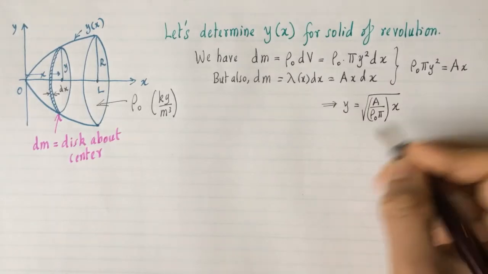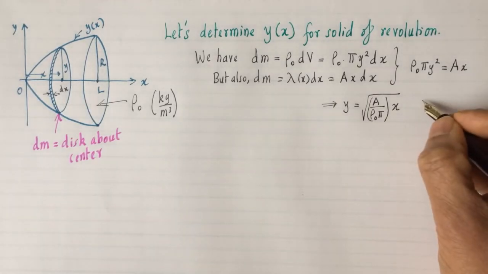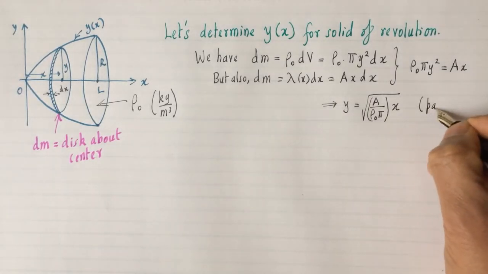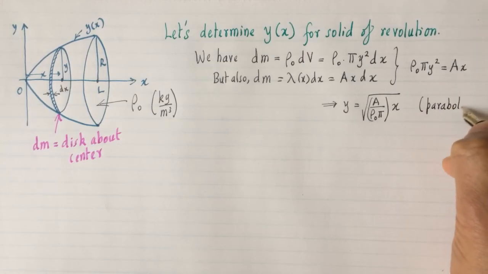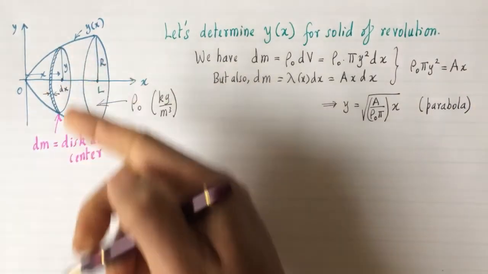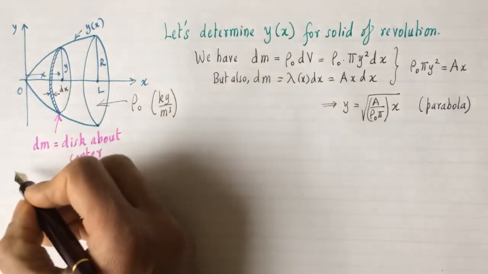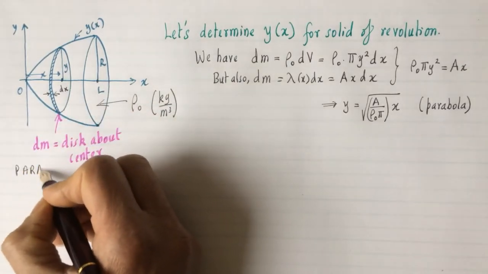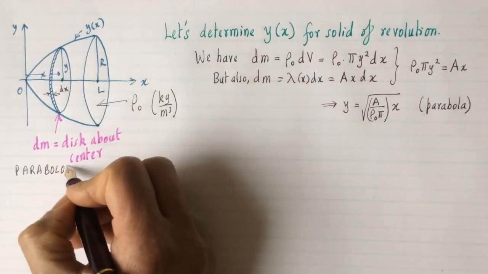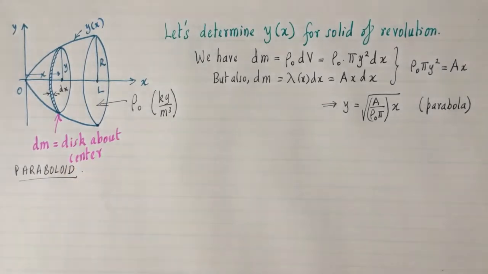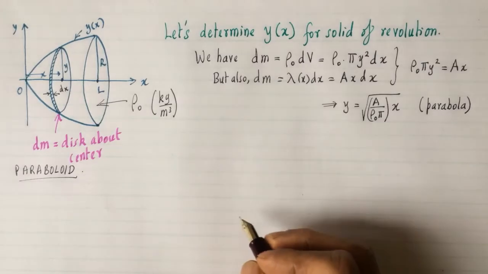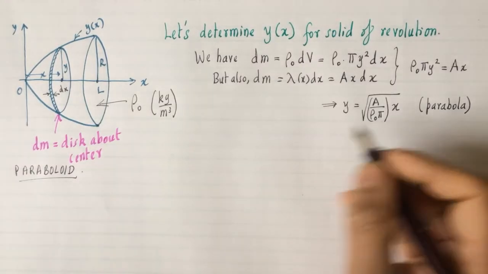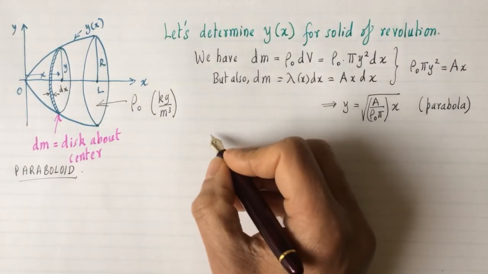The graph of y equals root x is a parabola. And if you rotate it, you get a paraboloid. Okay, so this object is a paraboloid. That's the technical name in multivariable calculus. So what we have to do now is determine rho naught. Well, that's easily done.